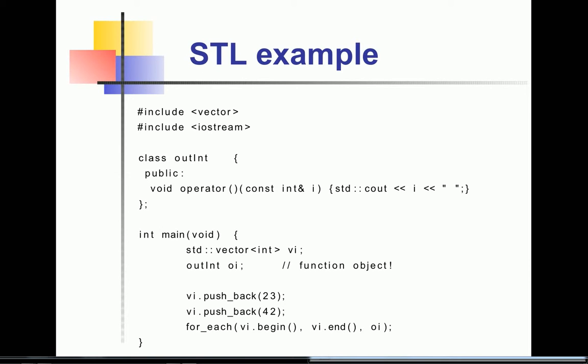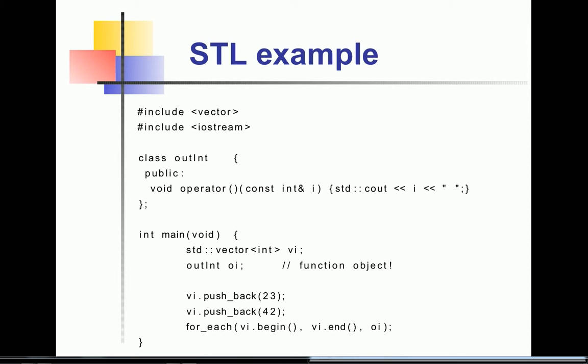An example of using the STL is I have some class OutInt which redefines the parenthesis operator with an int and just prints out the integer. And in the main function we create a vector of ints and an object of the class that has this operator, which can be seen as a function object, but you have learned already last semester that C++11 offers more sophisticated function objects.